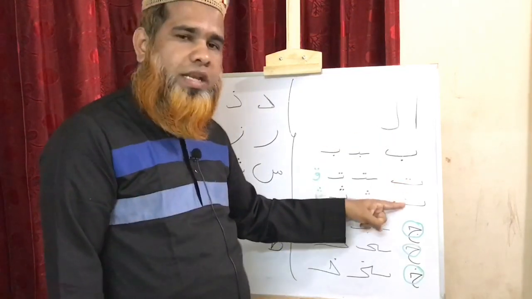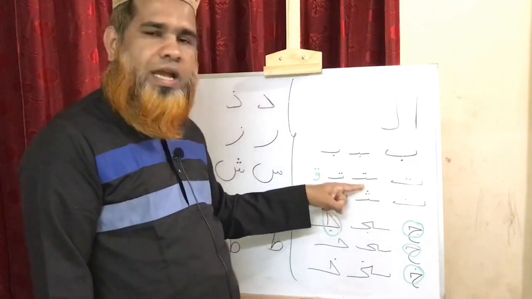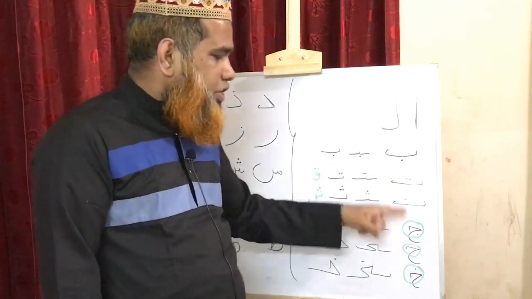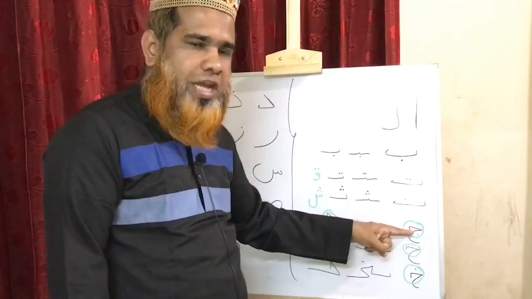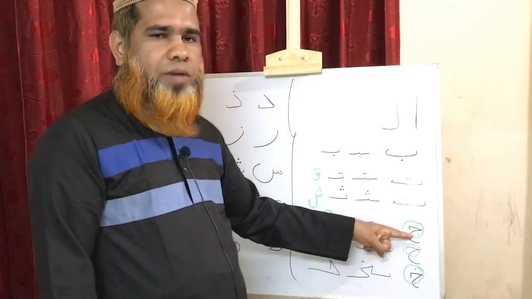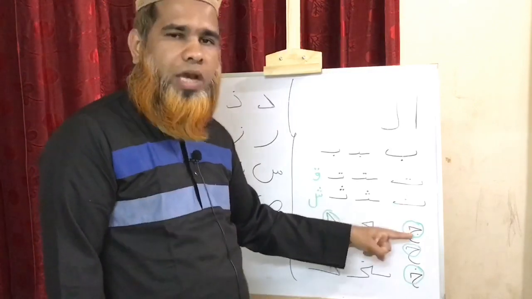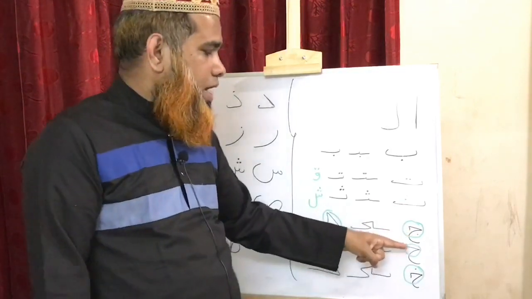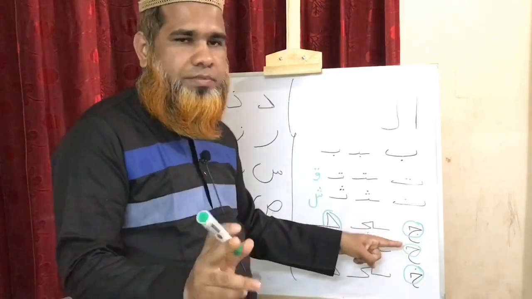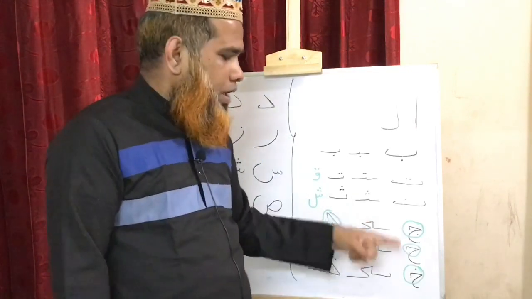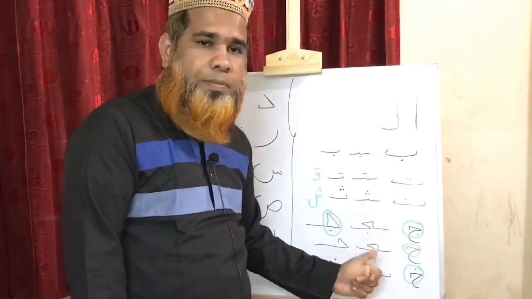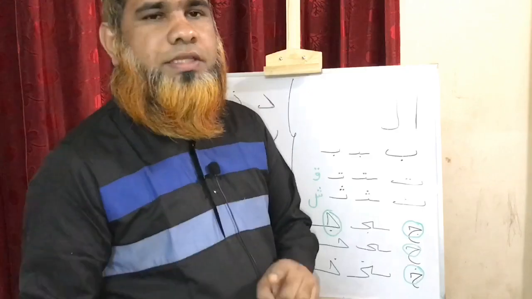Tha, one curve and three dots at the top. Jim, a new shape and one dot at the bottom. Ha, no dots but looks like jim. Kha looks like jim but the dot is on top.